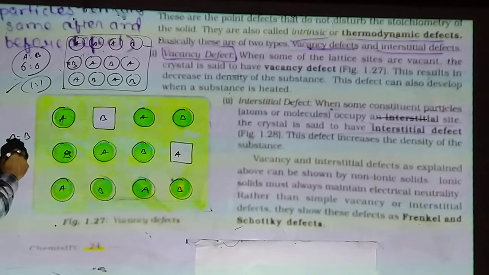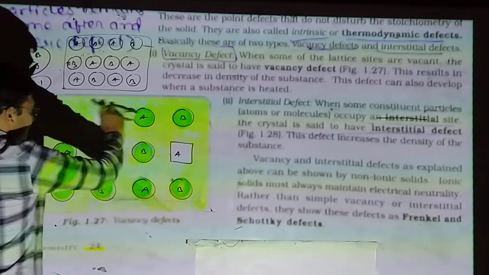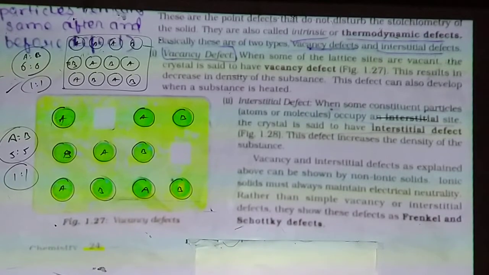Now A is 5, B is 5, but the stoichiometry remains the same. Here B is missing, here A is missing, but the stoichiometry remains the same. So it is a stoichiometric defect, and due to temperature some atom sites, lattice sites, will be vacant. So this defect can also develop when a substance is heated.